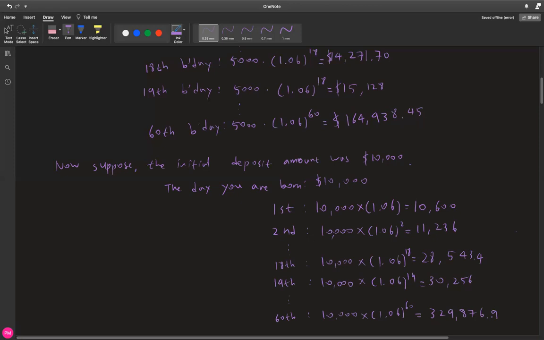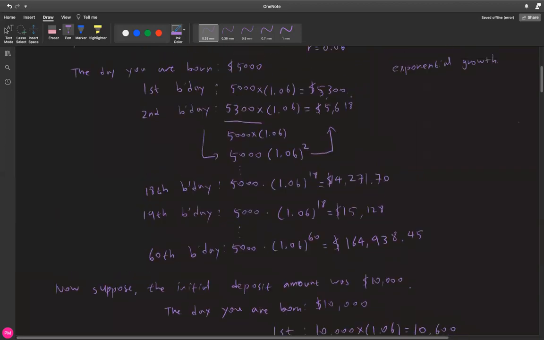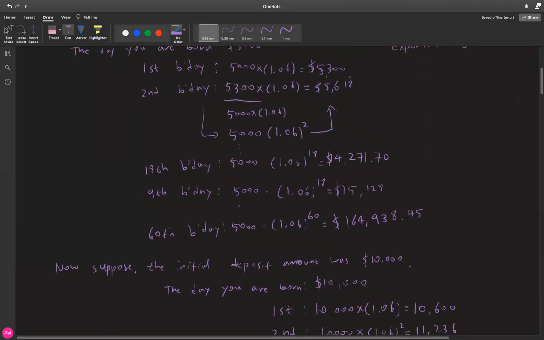So we can see that if the principal is larger, the final value is larger, and that is very intuitive. But some of you may have already noticed, if the initial deposited amount is double, after first birthday, you have exactly twice as much money in your account.